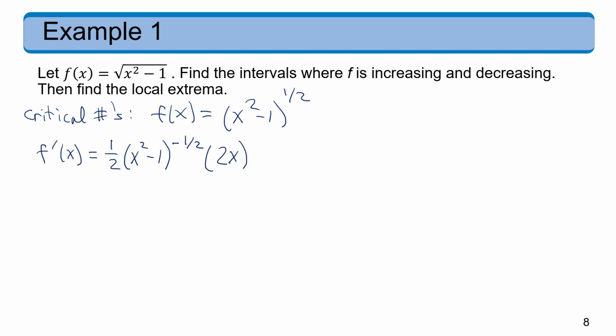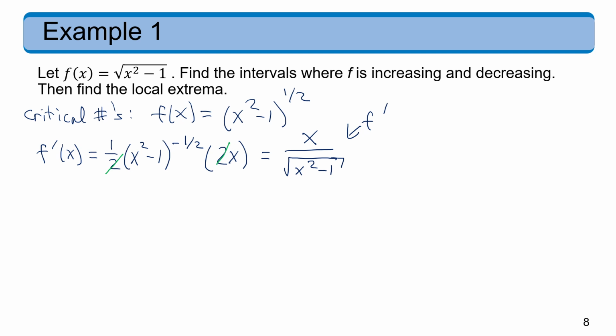Notice the 2's cancel. And so we could bring that negative exponent down to the denominator. When we do that, all that's left in the numerator is x. And then in the denominator, we'll have x squared minus 1 to the positive 1/2, and we could rewrite that 1/2 power back to a square root. Okay, so that's f prime.